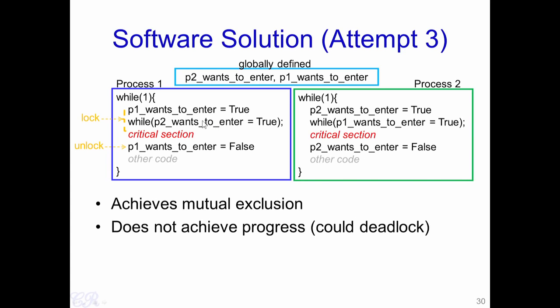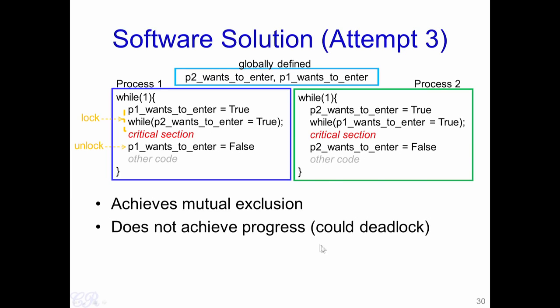When P2_wants_to_enter becomes false, indicating that the second process has completed execution in the critical section, then process 1 will enter into the critical section. At the end, after the critical section has completed execution, P1 sets the flag P1_wants_to_enter to false. So, this setting of false will allow process 2 to enter into the critical section.